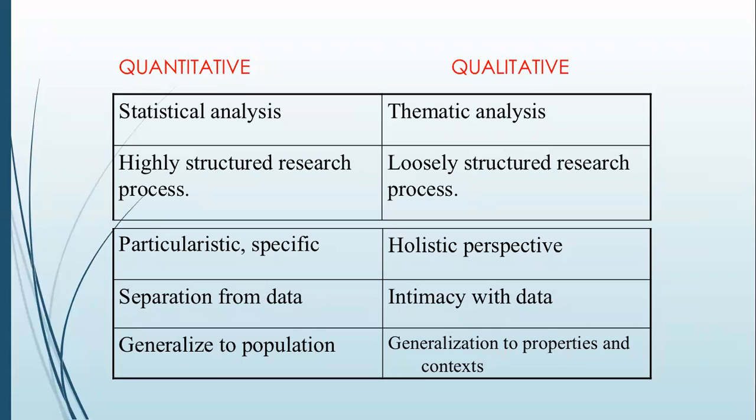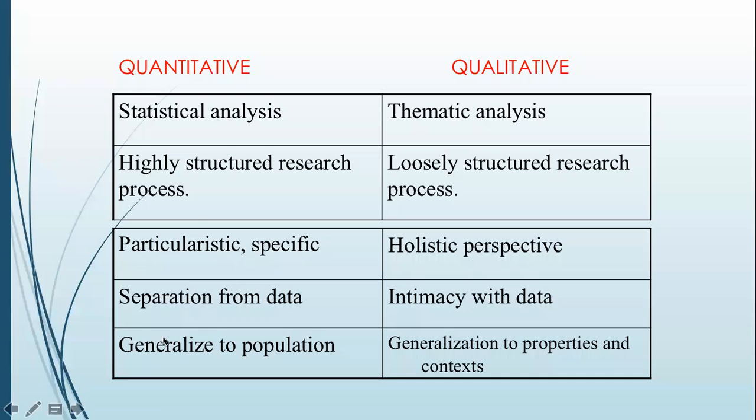Quantitative, again, uses a lot of statistical analysis, a structured research process, and it's specific, and there's also separation from data, because you're just churning your data into the computer. But when it comes to qualitative analysis, you'll be poking and checking the trend within your data to come up with a theme, and that's the difference between qualitative and quantitative again.